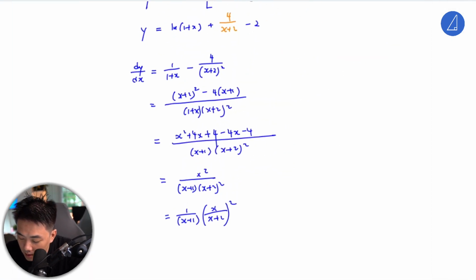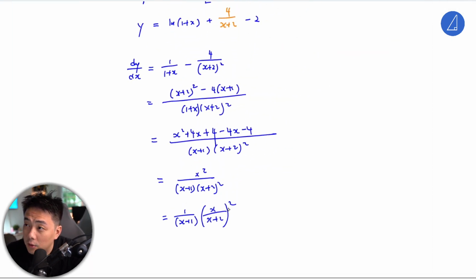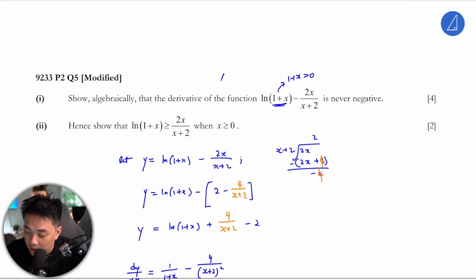Do you see that? This is definitely always positive because of the square there. For x + 1, like we already established, it has to be positive.